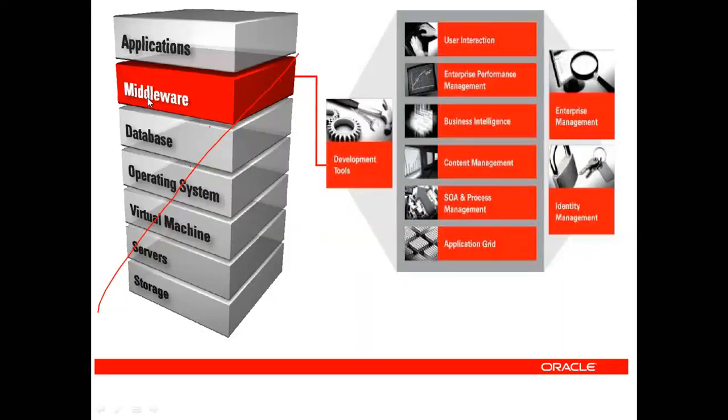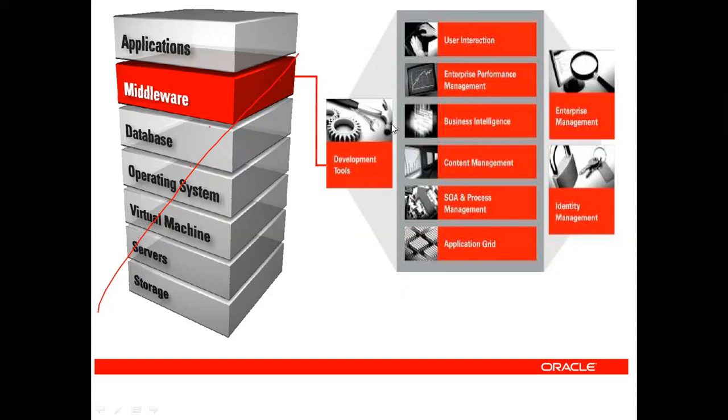This image shows you the entire application architecture: Fusion applications, middleware, database, operating system, virtual machine, servers, storage. But these are not required for us. This is our job, database, technical consultants. Middleware is separate.